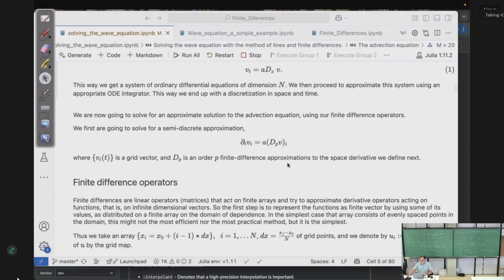So in the end we are going to get this system, right? a is the speed of the wave. We are going to take it to be either 1 or -1 according to what we want, either to move to the right or to the left.